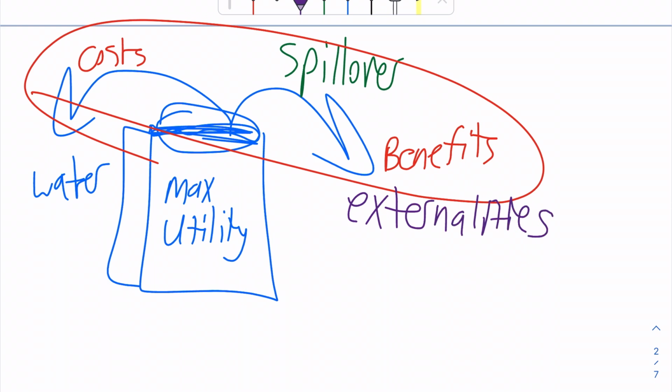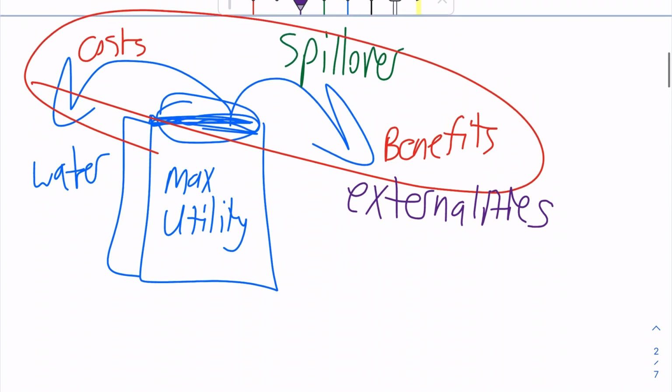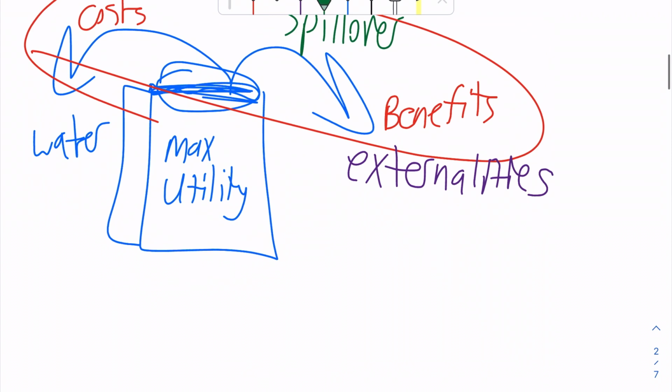Okay, so the issue with these externalities is that the market either doesn't know about them, or they're not producing enough, or they're producing too much. So that's where there's inefficiencies. Okay, so externalities cause inefficiencies.